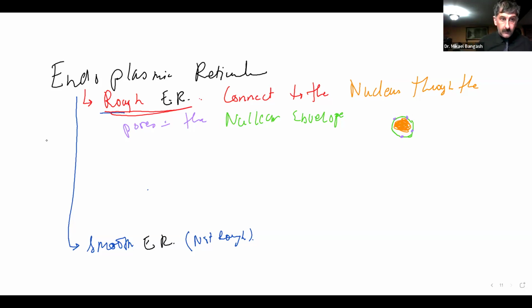And it's actually through this opening that you could say the rough endoplasmic reticulum would connect to the nucleus. Did you guys get that?